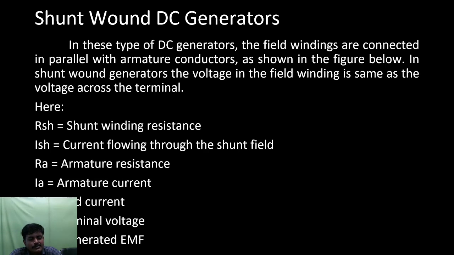Here I am giving some notations for your reference. RSH is the shunt field winding resistance, ISH is the current flowing through the shunt field winding, RA is the armature resistance, and IA is the armature current. IL is the load current, V is the terminal voltage, and EG is the generated EMF, as we discussed earlier.